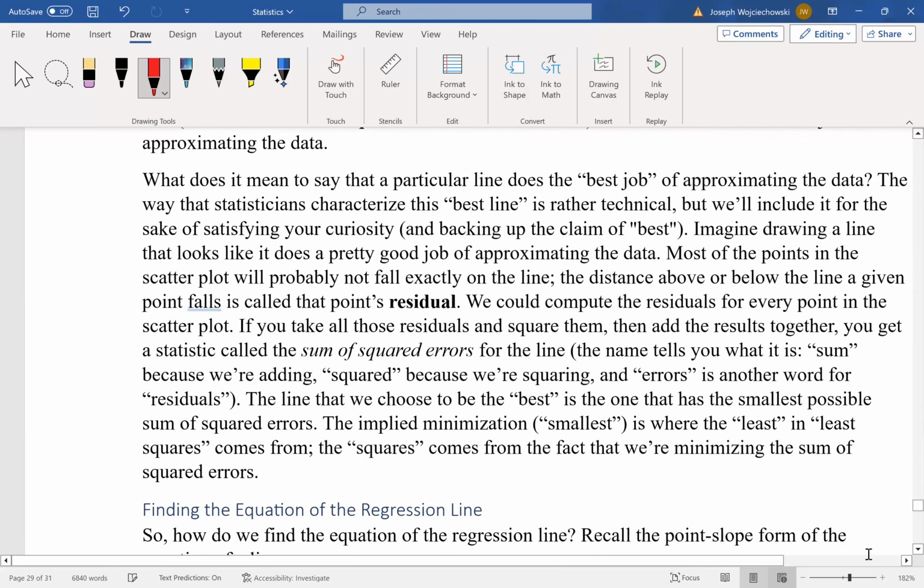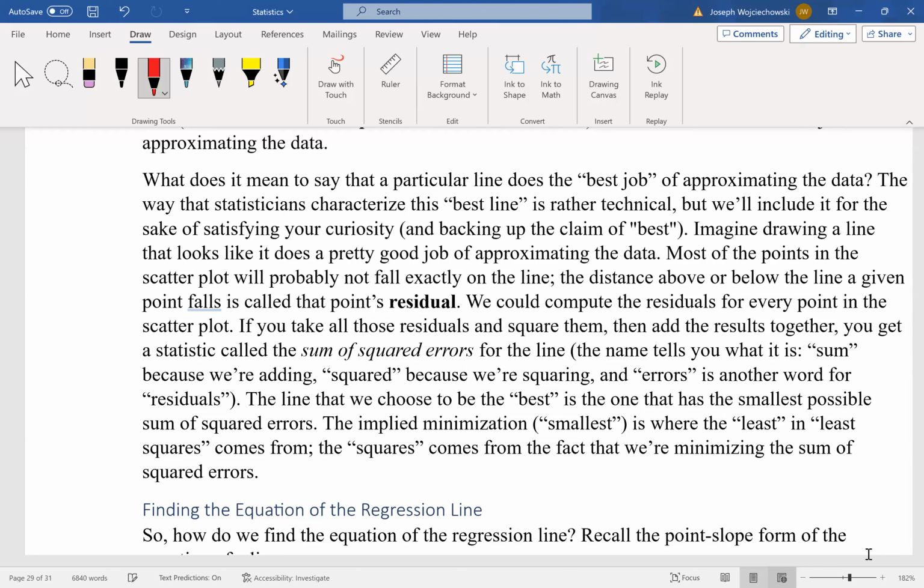What does it mean to say that a particular line does the best job of approximating data? The way that statisticians characterize this best line is rather technical, but we'll include it for the sake of satisfying your curiosity and backing up the claim of best. Imagine drawing a line that looks like it does a pretty good job of approximating the data.